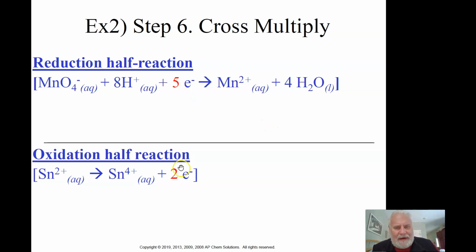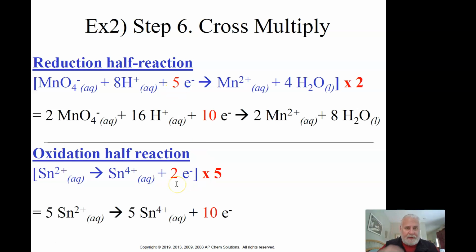Well, here we have a 5 and a 2. The least common multiple between those, of course, is 10. So that means you just sort of crisscross applesauce, multiply the 5 by 2 and the 2 by 5. And remember, that 2 needs to carry through on everything.